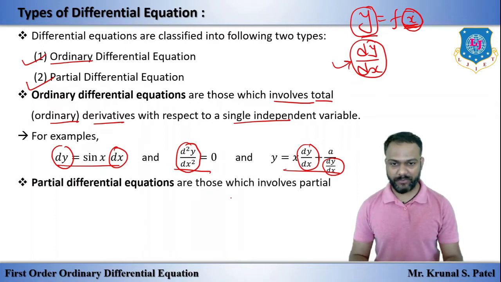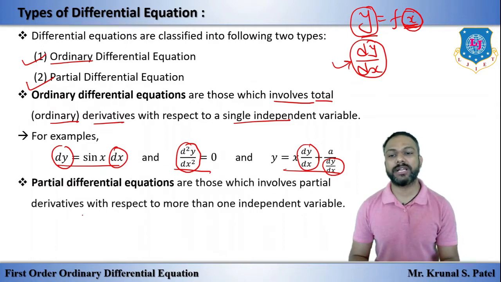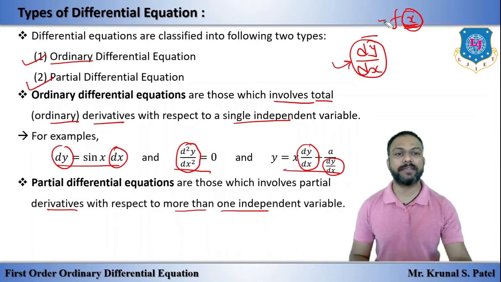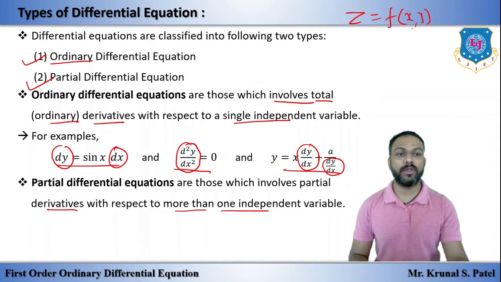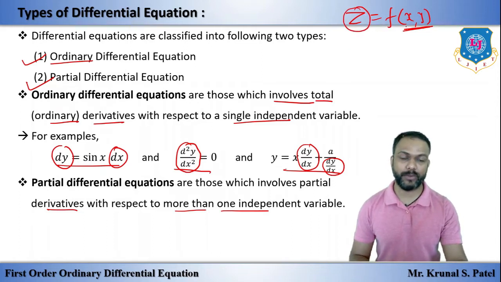The equation which involves partial derivatives with respect to more than one independent variable. If we have a function z equal to f of x comma y, here we have more than one independent variable. If we want to differentiate z, we have two possibilities: differentiate z with respect to x and differentiate z with respect to y.